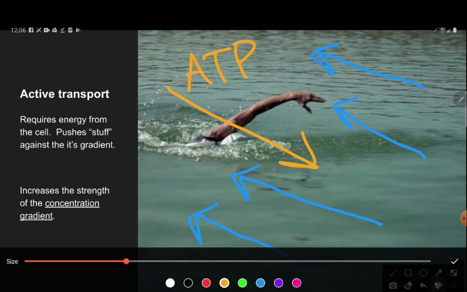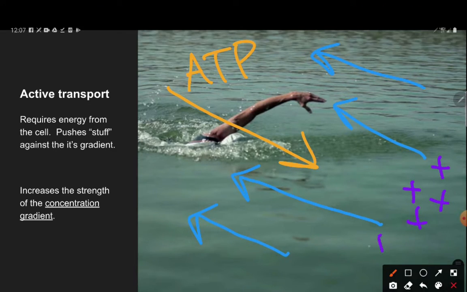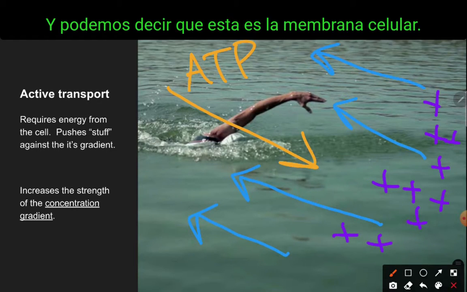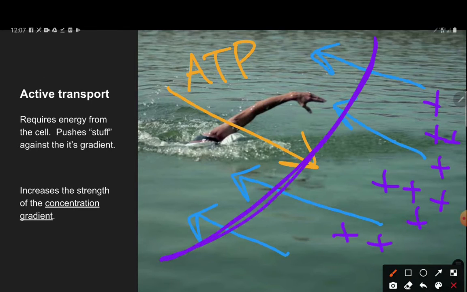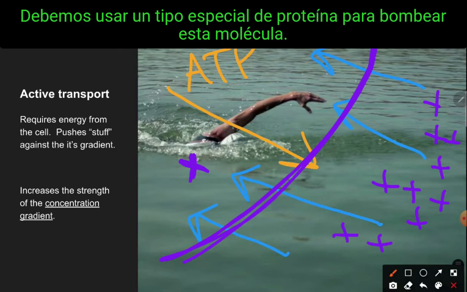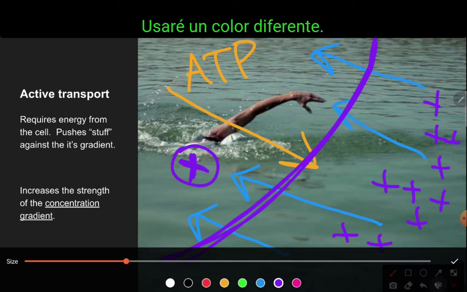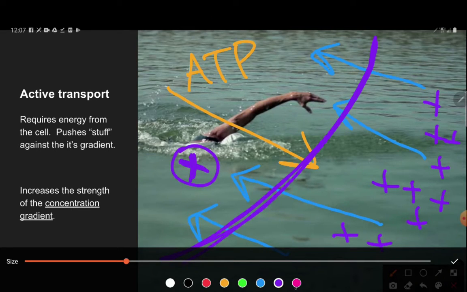And so perhaps in this picture we will use our X molecules again. And we can say that this is the cell membrane. And here we have our lone swimmer. We must use a special kind of protein to pump this molecule against its gradient. So I'll try to draw that. I'll use a different color.